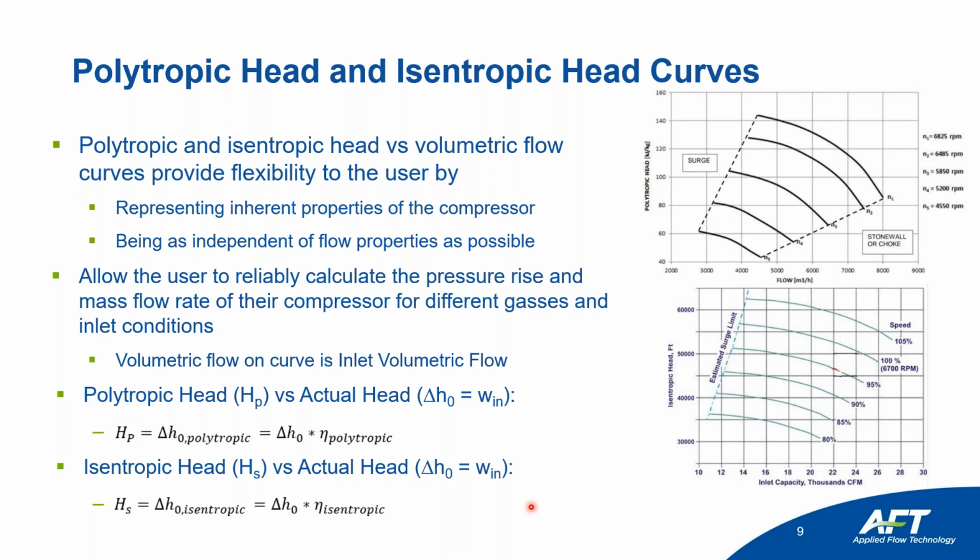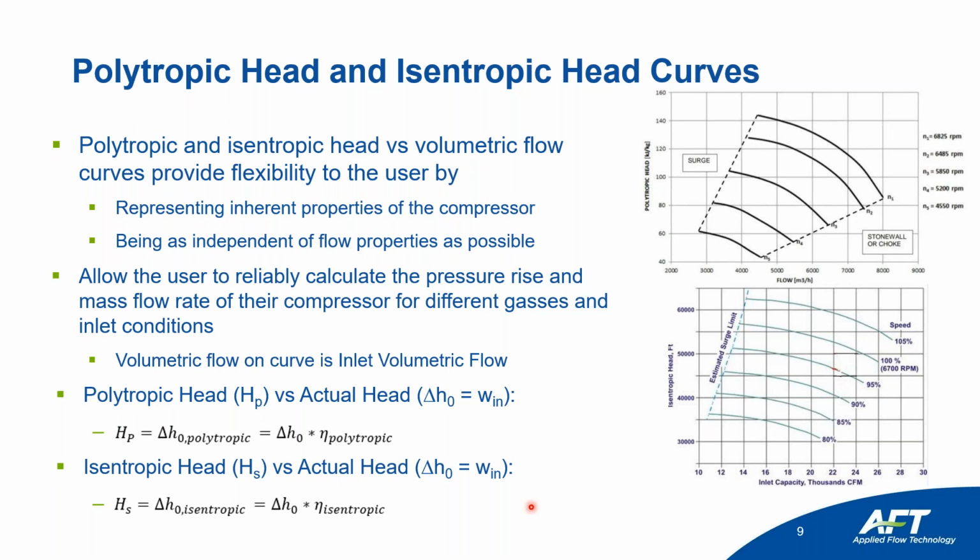That way, in an ideal world, you could take a compressor whose curve was made using air and use it for a very different gas. However, that has limitations, and we'll talk about those soon enough. So again, these head curves allow the user to reliably calculate pressure rise and mass flow rate of their compressor for those different gases and inlet conditions.